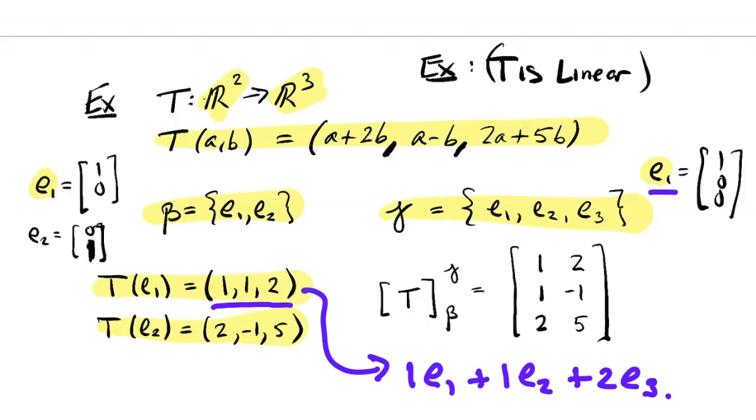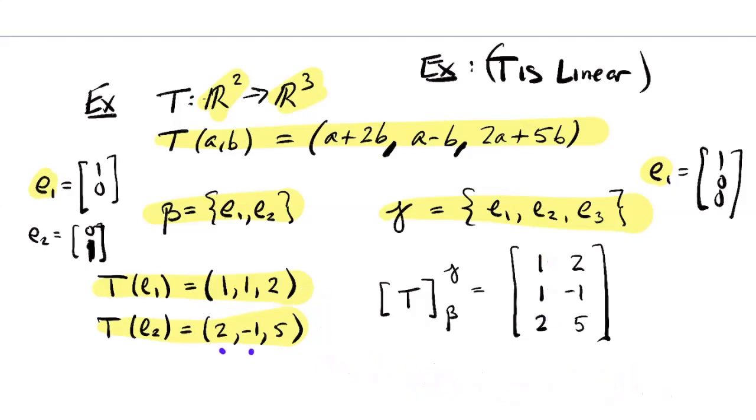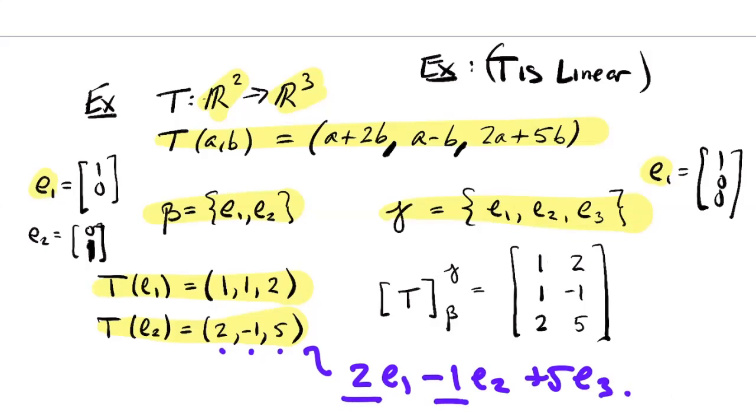So I take those coefficients, 1, 1, and 2, and I put them in the first column of this matrix. Does that make sense? Likewise, (2, -1, 5), that's 2e1 minus 1e2 plus 5e3. So I take the numbers 2, -1, and 5, and I put them in the second column of the matrix.